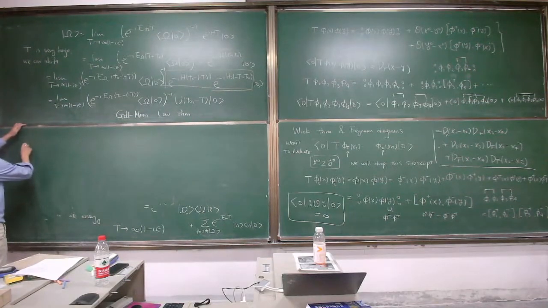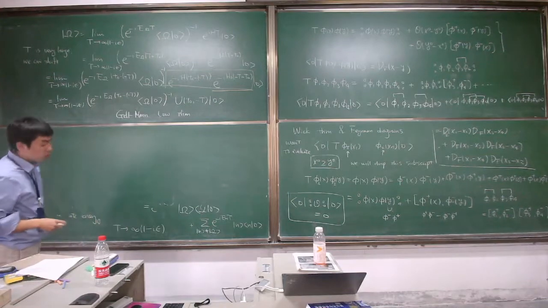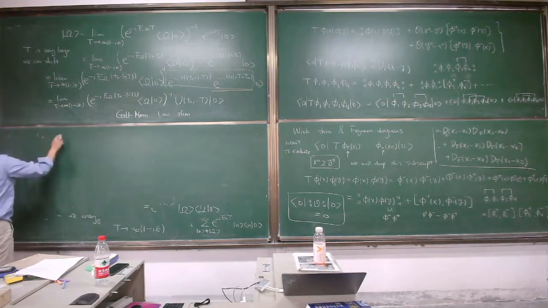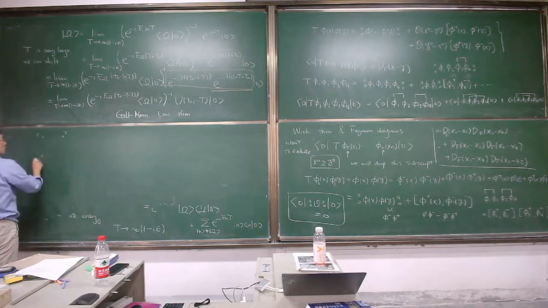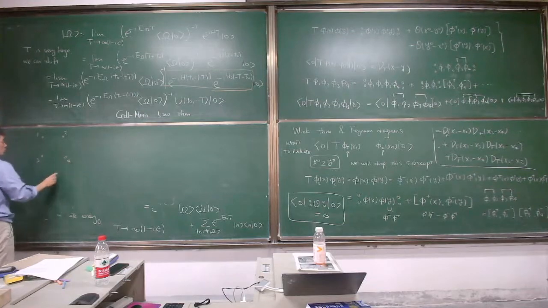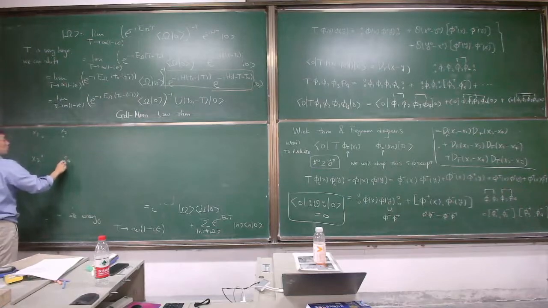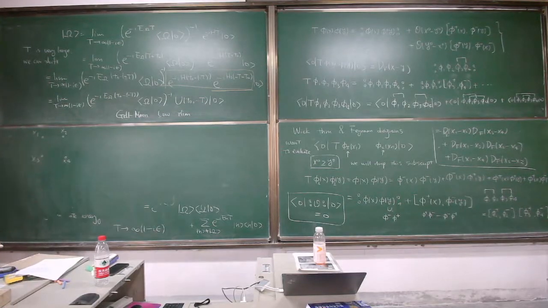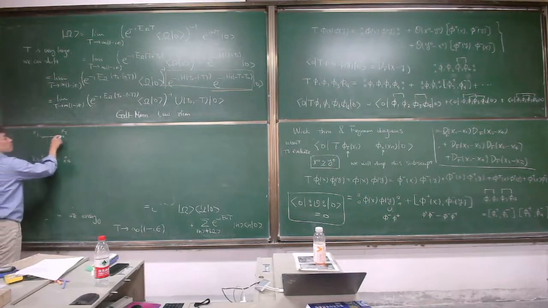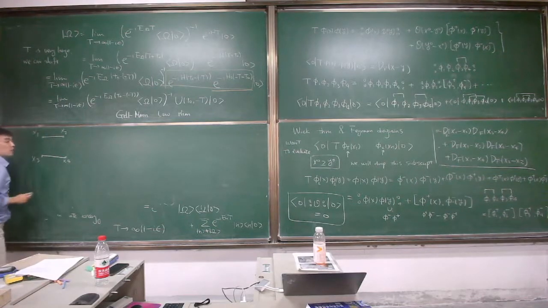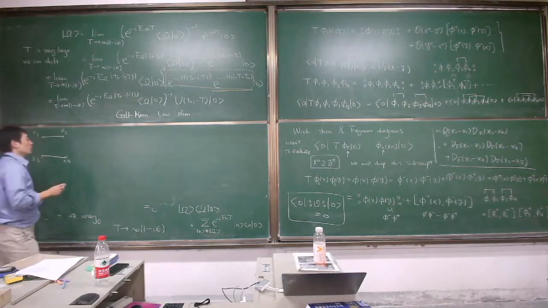So we have x1, whatever. What was the notation? 1, 2, 3, 4. So this is essentially x1, x2, x3, x4. And the first term is x1 and x2 connected as a propagator, and 3, 4.